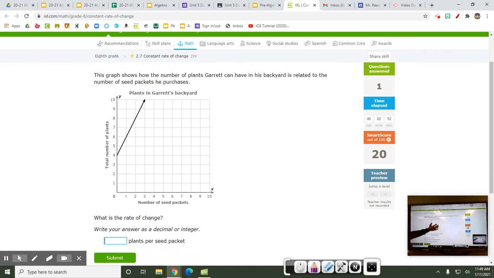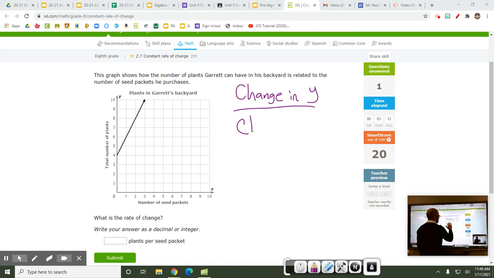Another one. The graph shows the number of plants Garrett can have in his backyard related to the number of seed packets he purchases. What's the rate of change? In that last example I showed you how to do it mathematically. Now, if you're not mathematical, what if you're visual? Remember, change in y over change in x.